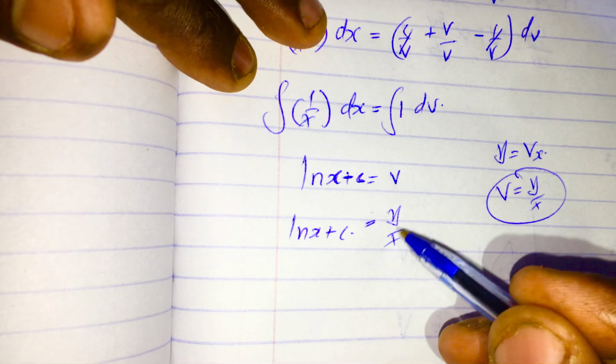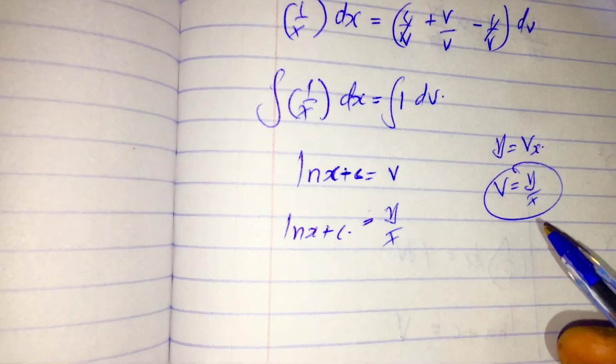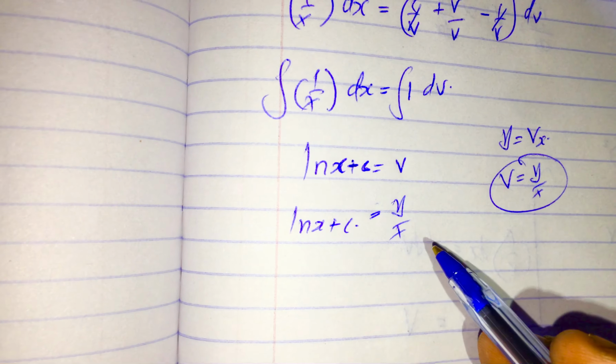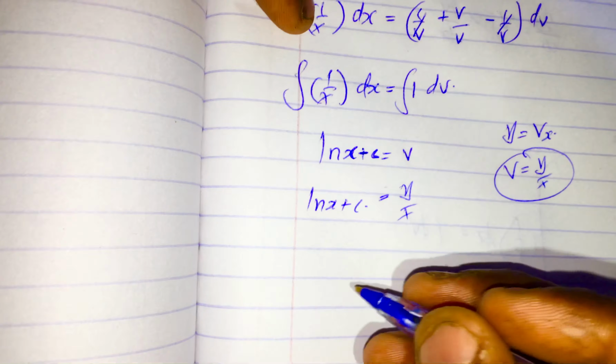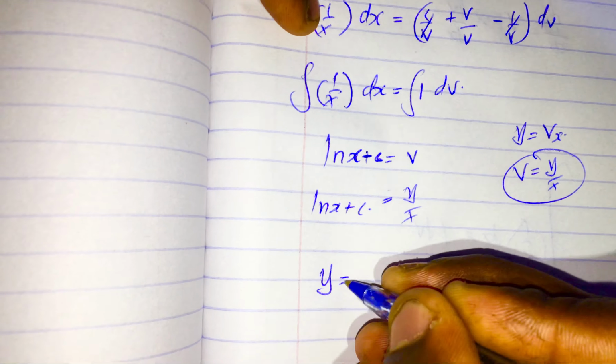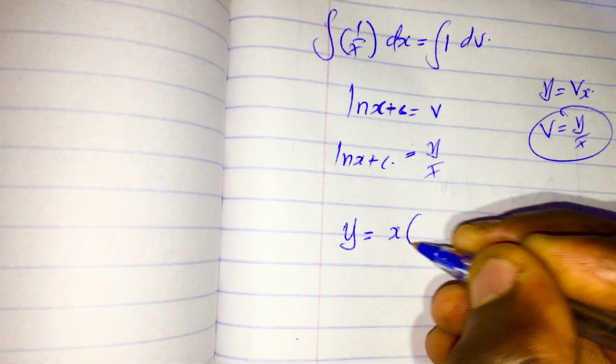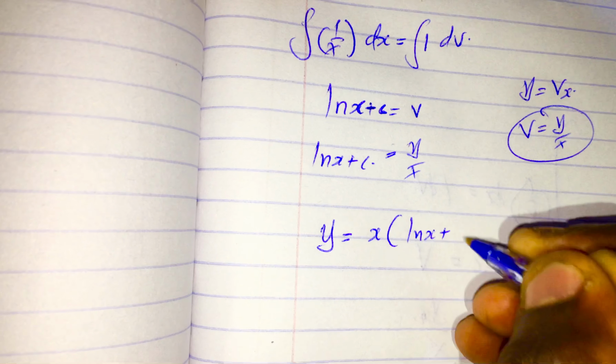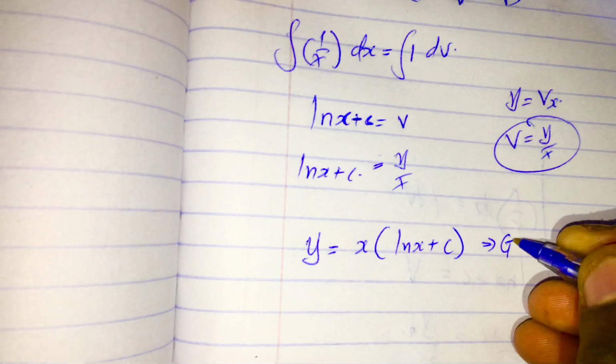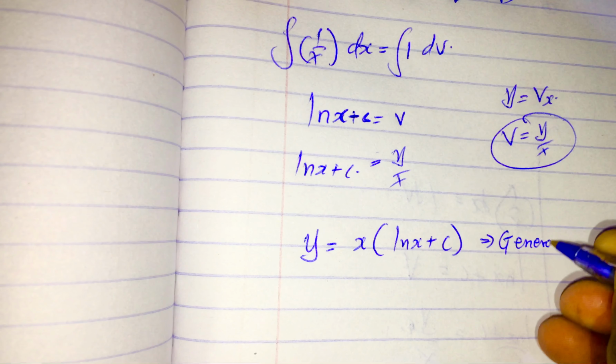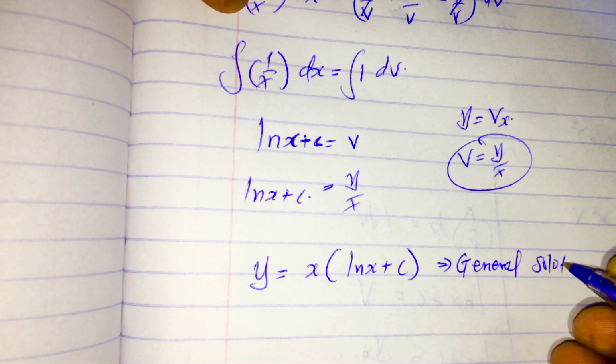Then after replacing the value of v, you make y the subject of the formula. So you're going to have y equals x times (natural log of x plus c). This is now the general solution.